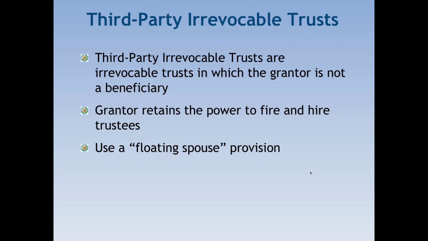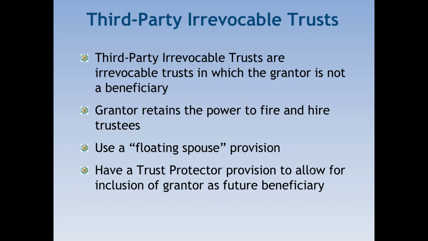So while we talk about this, just remember that we talked about the Domestic Asset Protection Trust so far, which does work where you can receive distributions. But if you're a little nervous and you want to have extra protection, this is another option. And in the trust, we would draft what's called a trust protector provision.